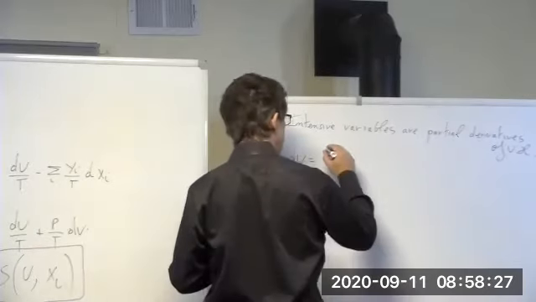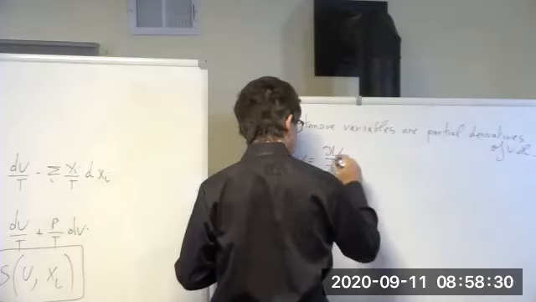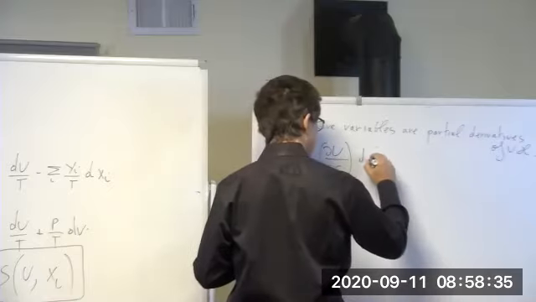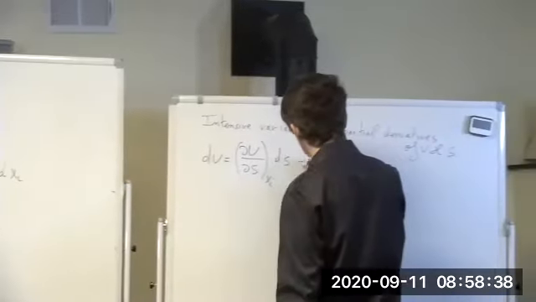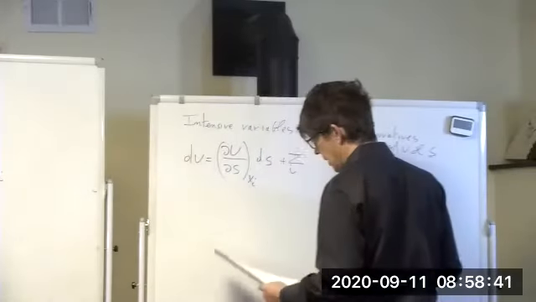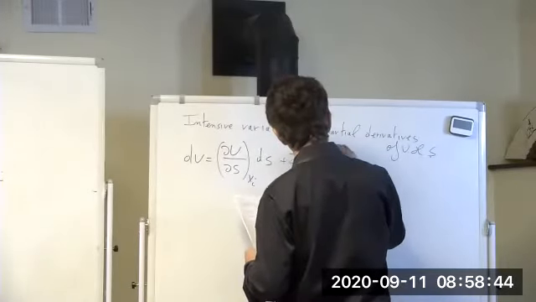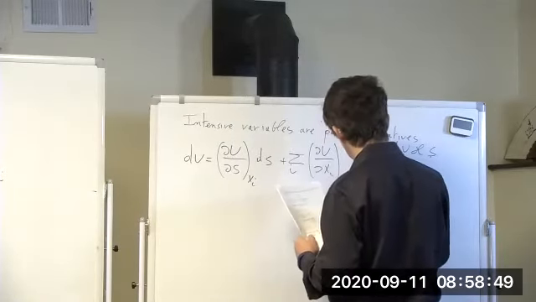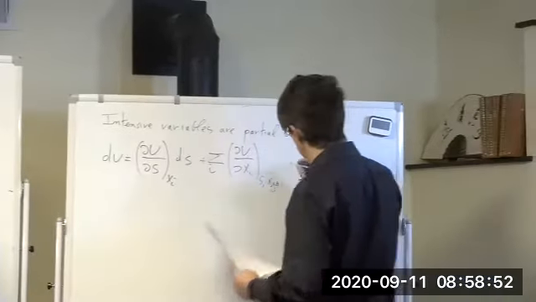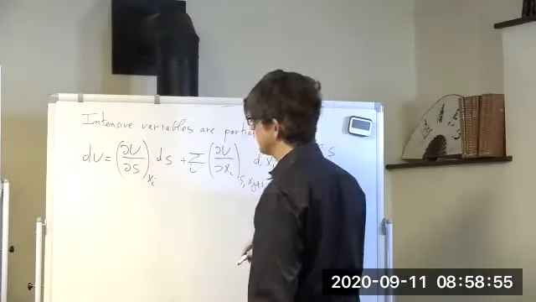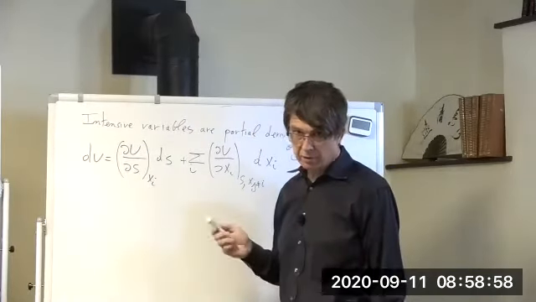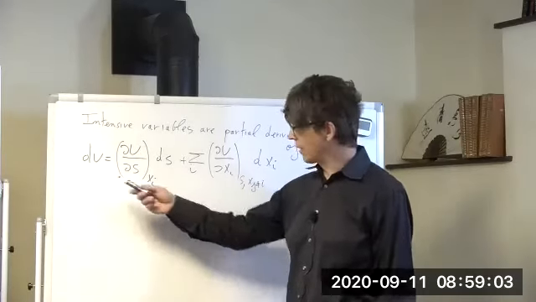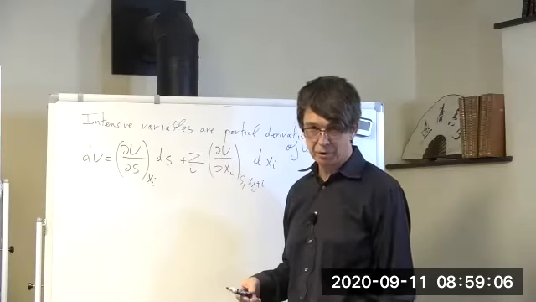So I'll write dU as (dU/dS) at constant Xi times dS plus sum over all the work terms i of (dU/dXi) at constant S and the Xj that are not equal to i, times dXi. This really complex piece of math, right, which is really just writing the differential of a function with multiple variables.